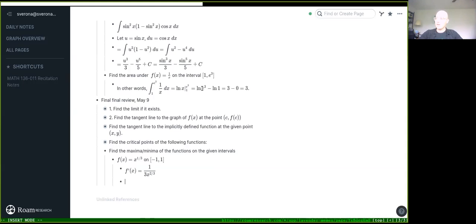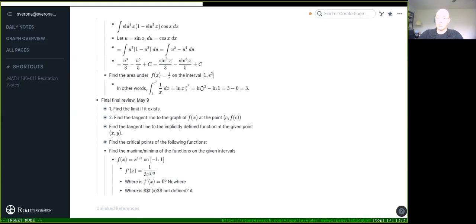And so now I have two questions to ask. Where is this equal to 0? So where is f prime of x equal to 0? And the answer to that is nowhere. Because for this to be 0, its numerator would have to be 0, and 1 does not ever equal 0. And so where is f prime of x not defined?